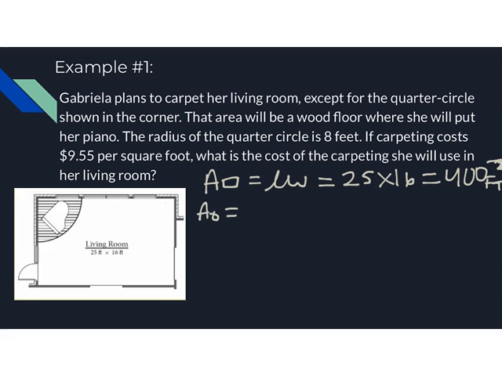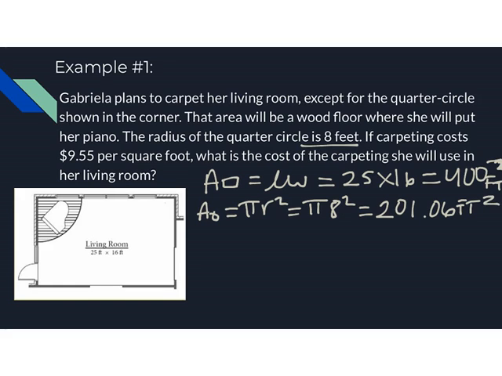I know that the area of a circle is pi r squared. They already told us the radius in our problem, and it's 8 feet, so I'm going to do pi times 8 squared. If you multiply 8 times 8, you get 64, and then times pi, you get 201.06, and again this is feet squared.